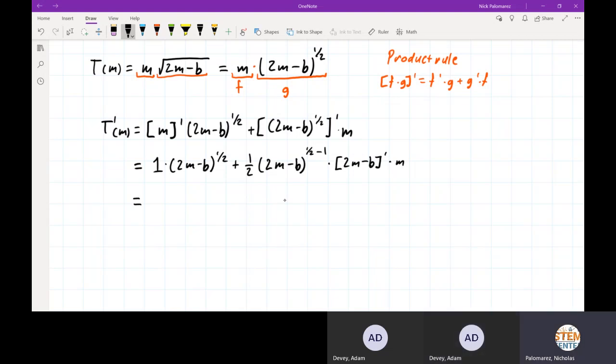So let's see. 2m minus b to the 1/2 is fine. Plus 1/2 2m minus b, 1/2 minus 1 is negative 1/2, negative 1/2 times.